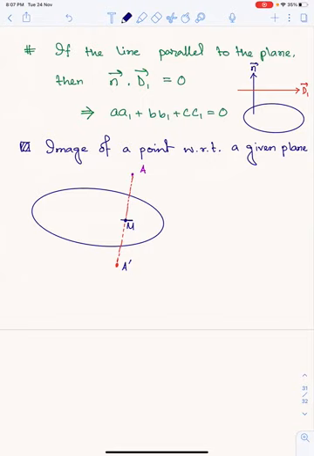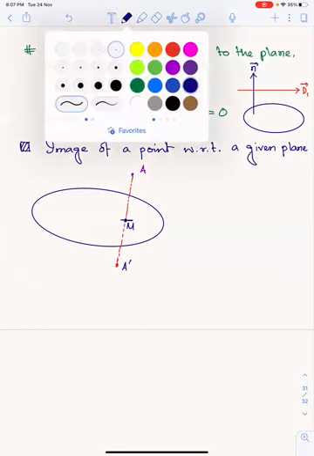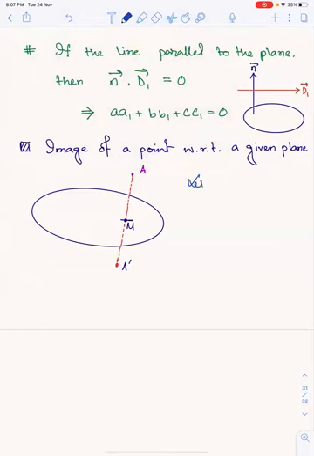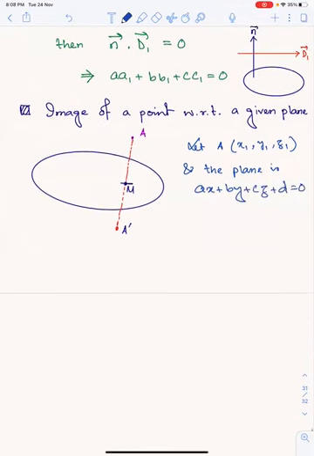So in that direction, we have firstly considered the coordinate of A is given. So let us write that. Let A be given as x1, y1, z1, and the plane is ax plus by plus cz plus d is equal to 0.